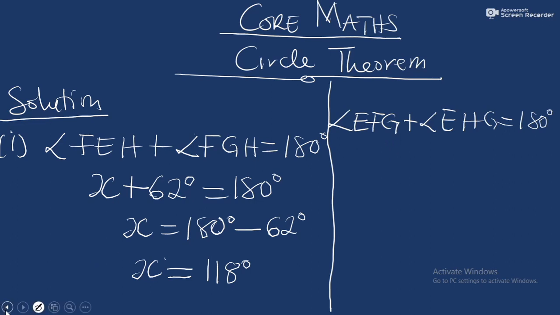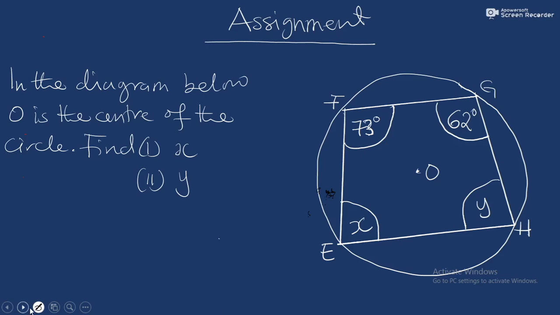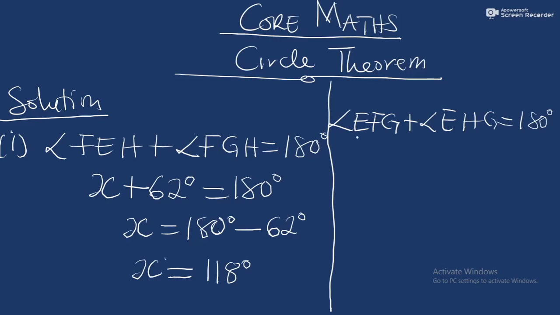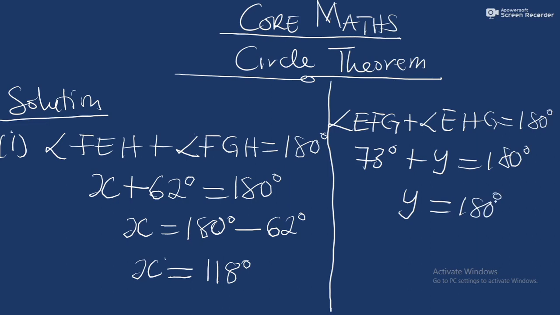So substituting, we have 73 degrees plus Y is equal to 180 degrees. So our Y is equal to 180 degrees minus 73 degrees.